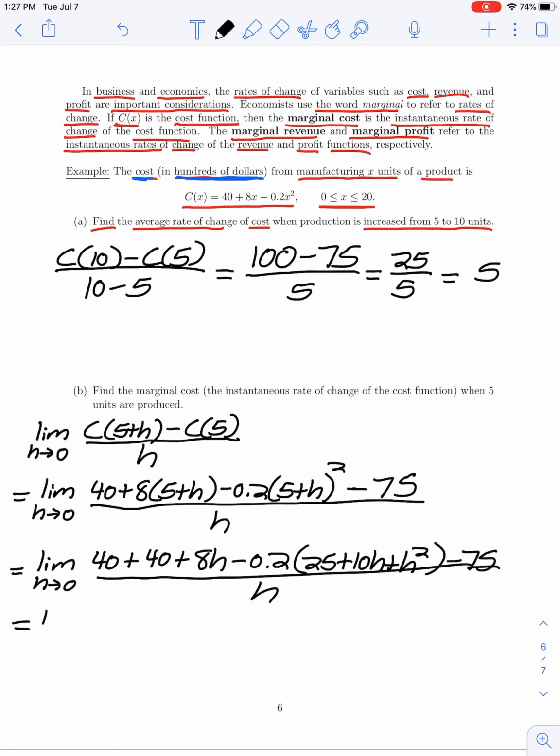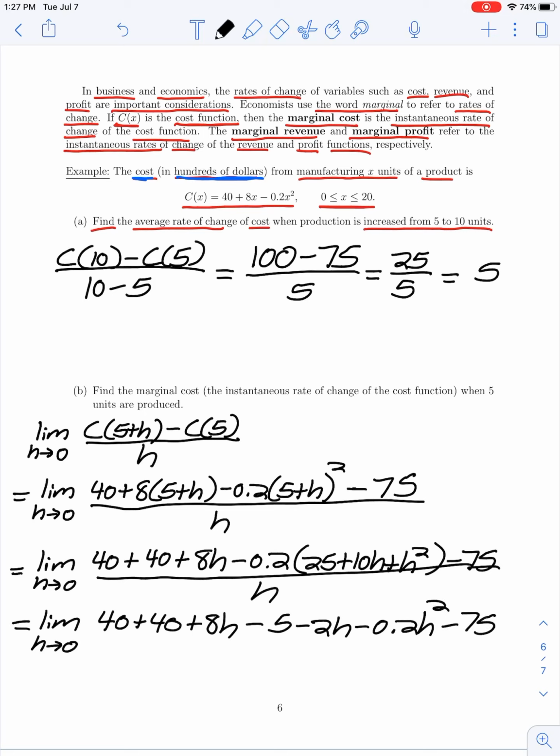So we have the limit as h approaches 0 of 40 plus 40 plus 8h minus, if we distribute our 0.2 or 1/5, we would have 5 minus 2h minus 0.2h squared, and then our minus 75 on the end, and the whole thing is still being divided by h.